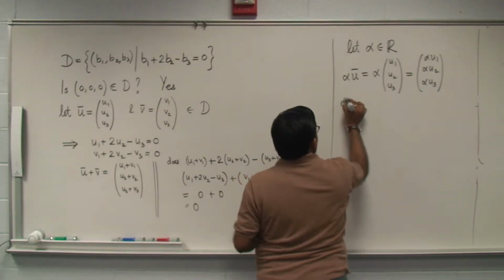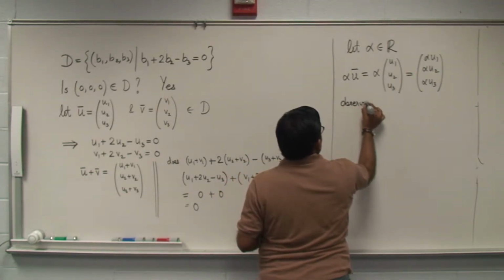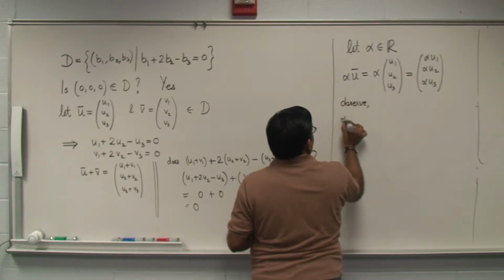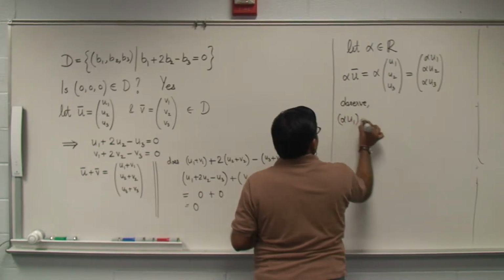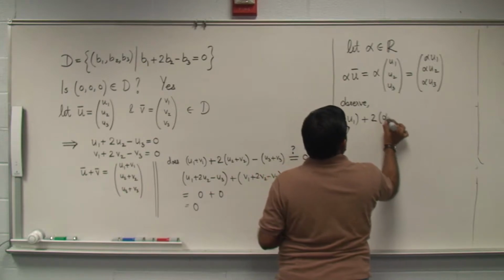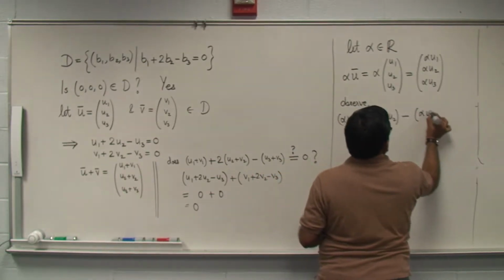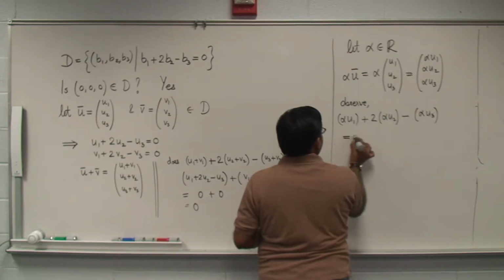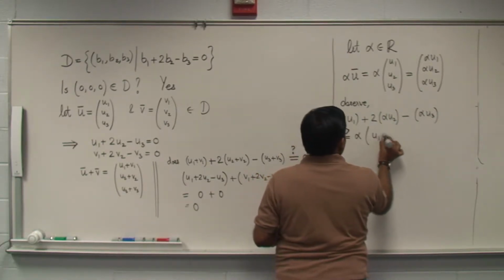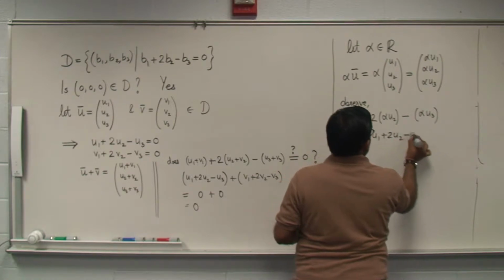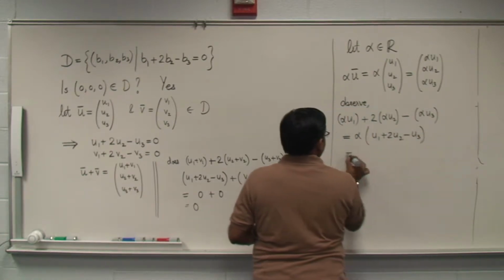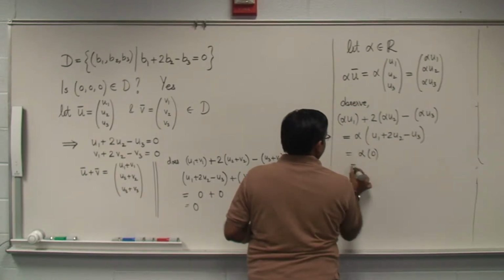Now observe that alpha u1 plus twice alpha u2 minus alpha u3, I can write this as alpha times u1 plus 2u2 minus u3, which I know is 0.